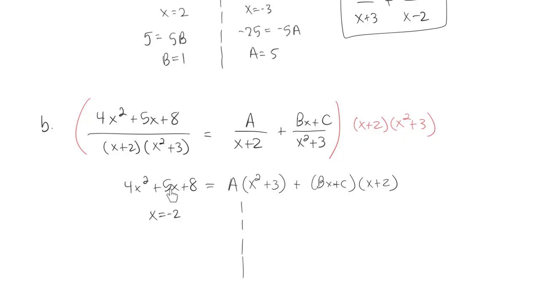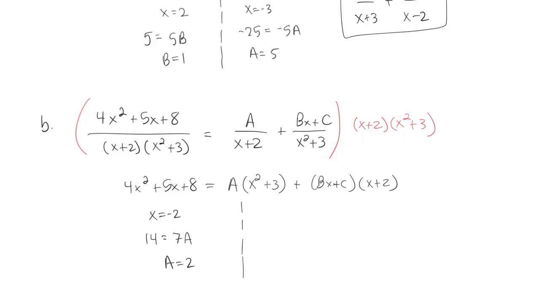So 16 plus -10 is 6, 6 plus 8 is 14. Here, -2 squared is 4, plus 3 is 7, 7 times a is 7a, and here, -2 plus 2 is 0, so this whole side of the equation is gone. So we have a is equal to 2.